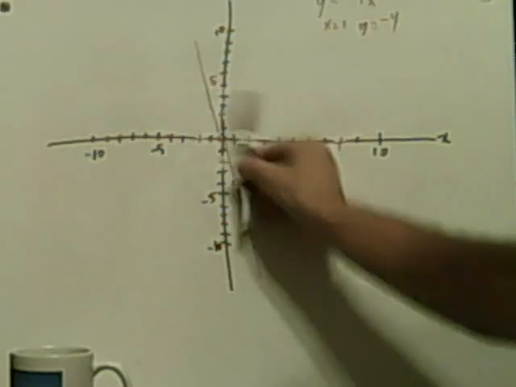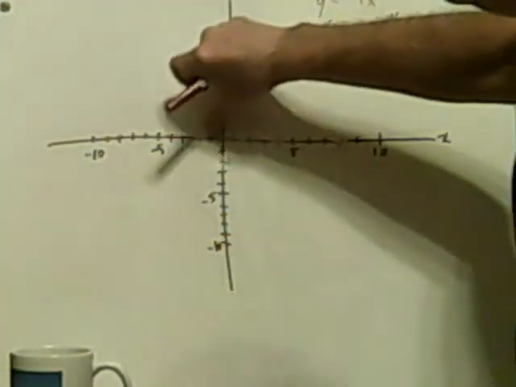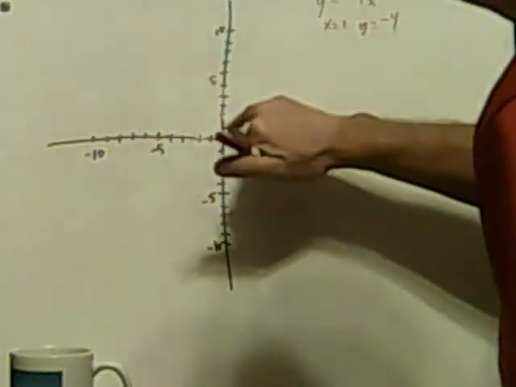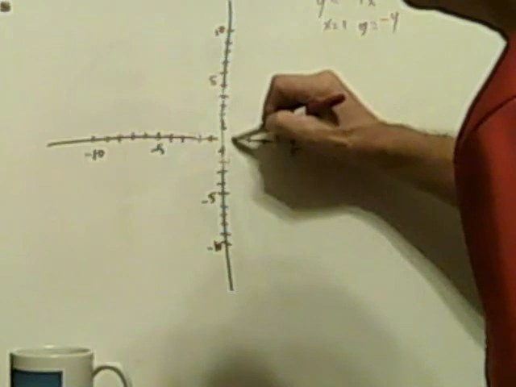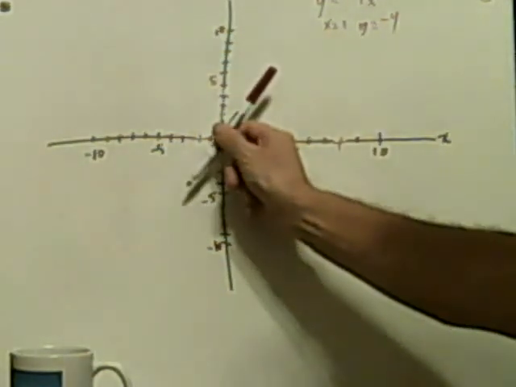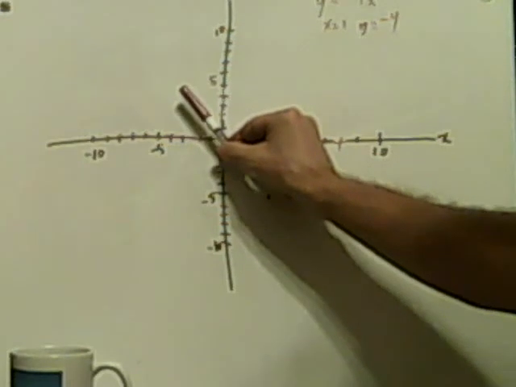Okay? That has a slope of what's known as negative 4, because the ratio of the change in y to the change in x is the ratio of negative 4 to 1. Anything that goes up to the right is called a positive slope, and whenever it slopes off like that, it's called a negative slope.